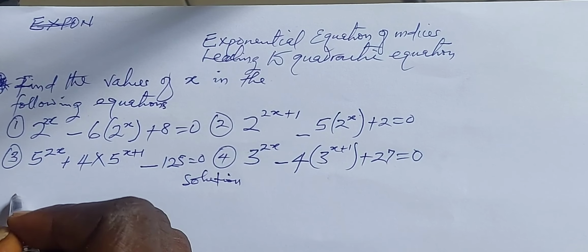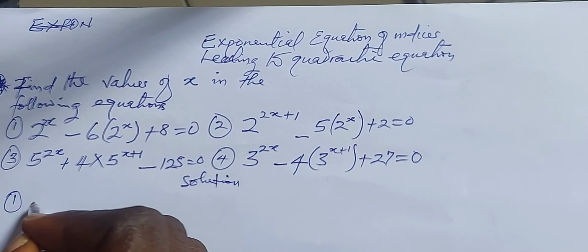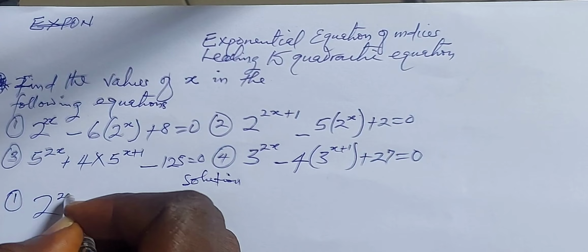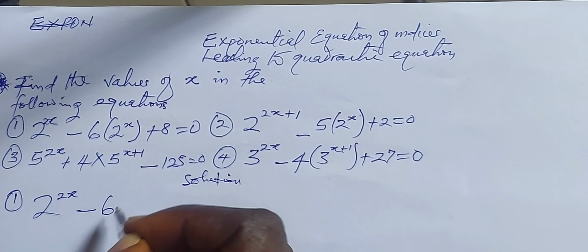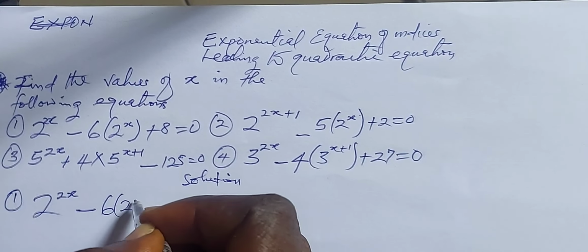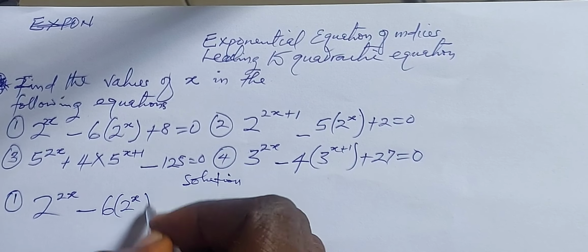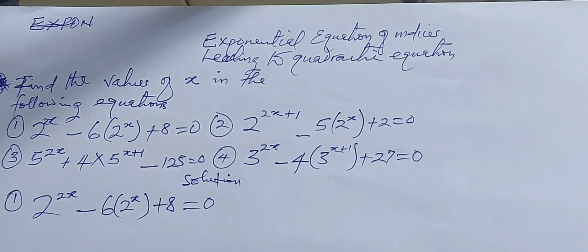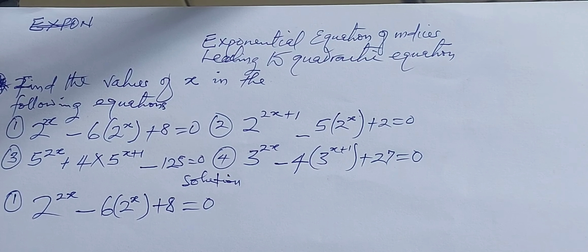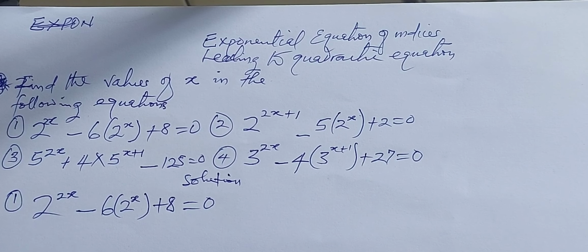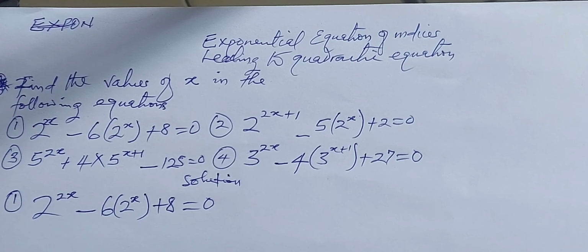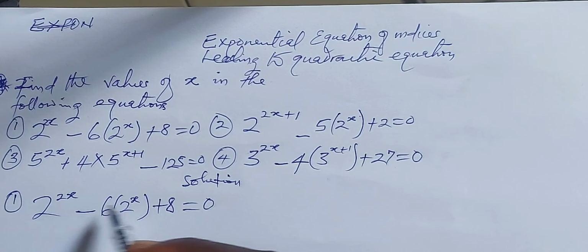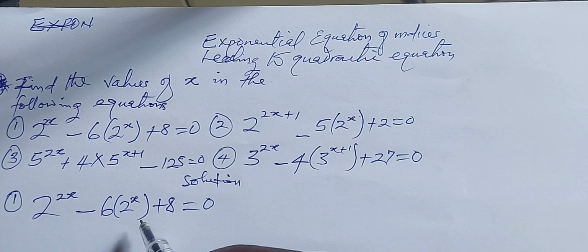Number 1, we have 2 raised to the power of 2x minus 6 bracket 2 raised to the power of x plus 8 equals 0. From here, you will see that since it involves powers, what your mind should tell you straight away is indices.